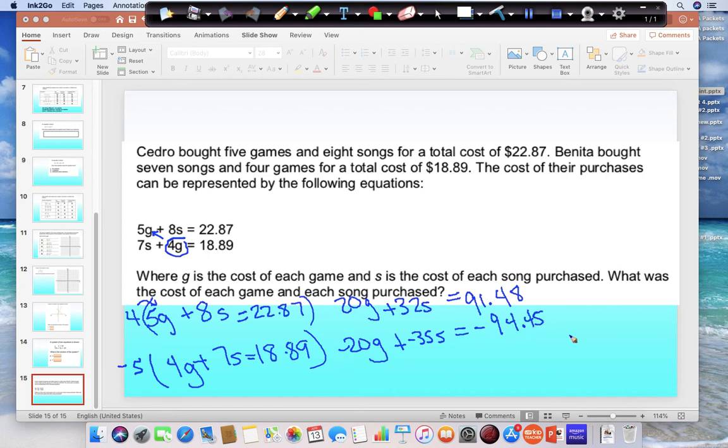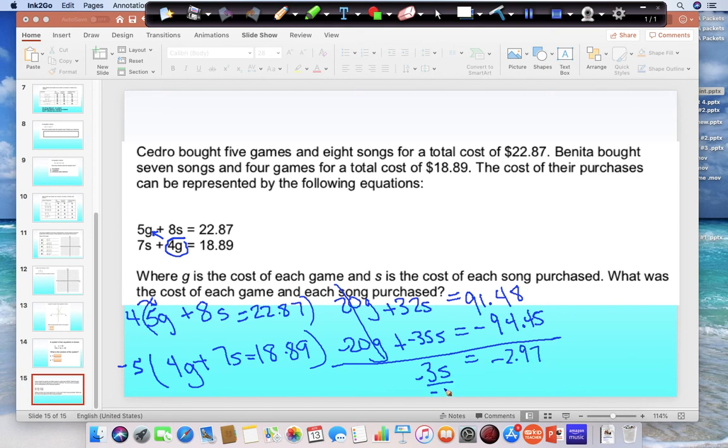Okay, so here we are going to add these two equations together. We're getting rid of 20G minus 20G. That cancels. 32S plus a negative 35S gives us a negative 3S. And 91.48 minus 94.45 gives us a negative 2.97.